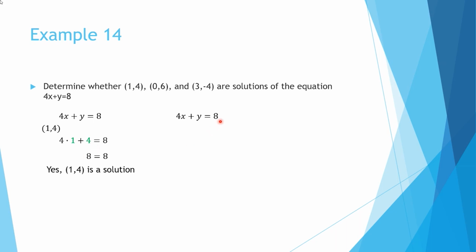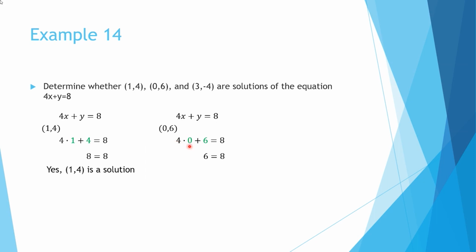Let's look at the next point. I'm going to rewrite the equation again. You have 0, 6, and we're going to plug that in, x coordinate, y coordinate, replacing the x with 0 and the y with 6. It should be 10. No, wait, it is 0.